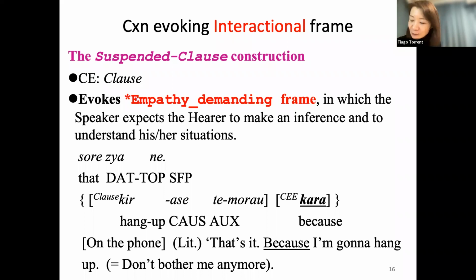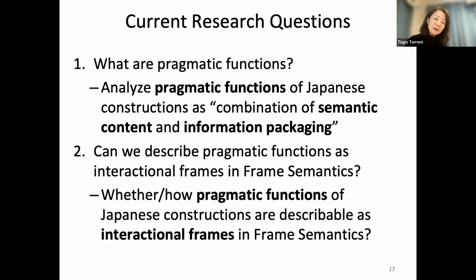So what I'm currently working on are two things. One research question is the question of what pragmatic functions are. We're trying to analyze pragmatic functions of Japanese constructions as a combination of semantic content and information packaging. But a question I often get is, is there any exhaustive list of pragmatic functions?